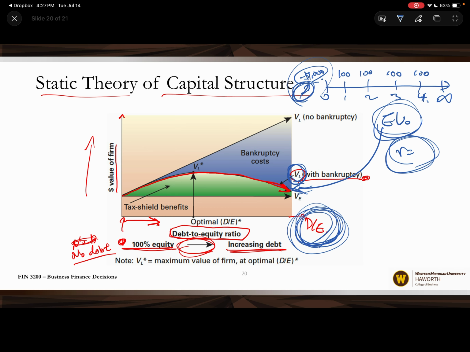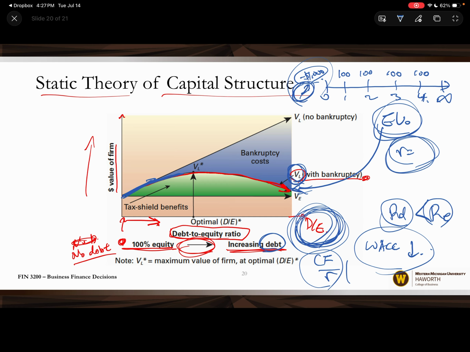As you can see, at the beginning, it's upward sloping, right? Because if you add debt, you're adding RD, which is lower than RE. So the WACC decreases. That's why the value of the firm increases, because R is on the bottom.